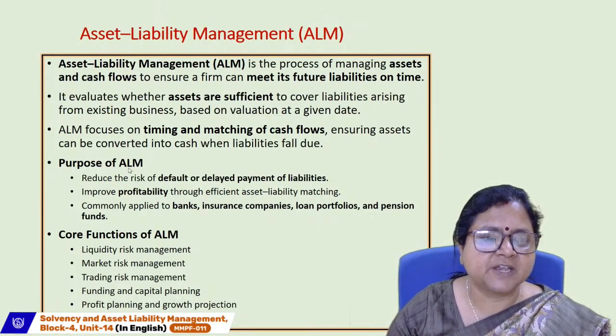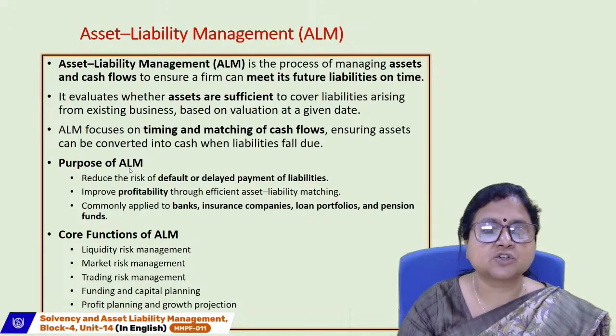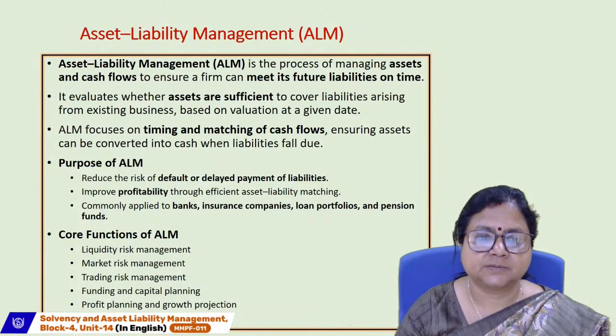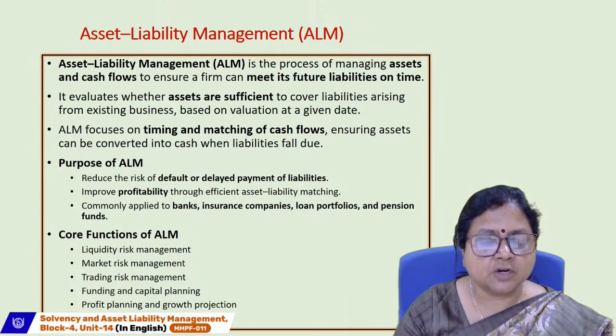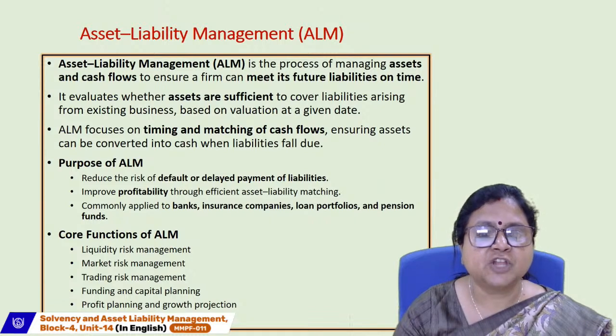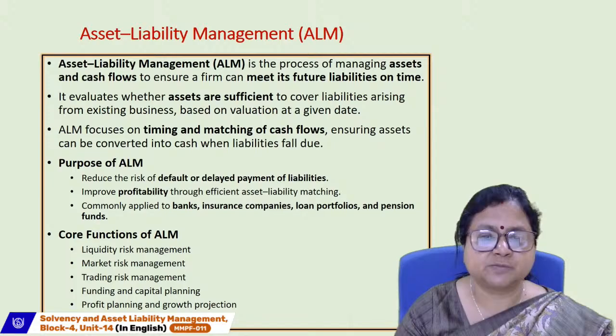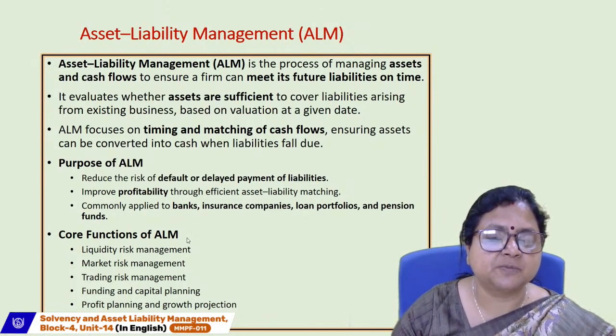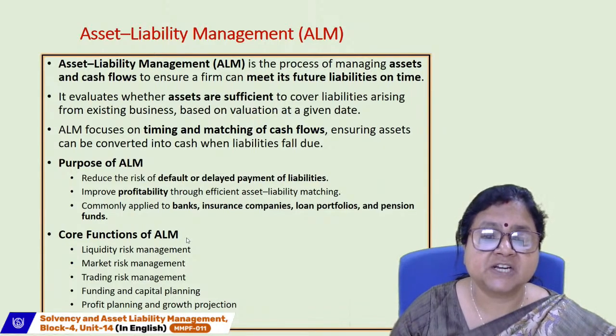So the purpose of ALM is to reduce the risk of default or delayed payment of liabilities. In order to reduce the risk of defaulting on payment of the liabilities, liability management balancing has to be there. The purpose of ALM is also to improve profitability through efficient asset liability matching.